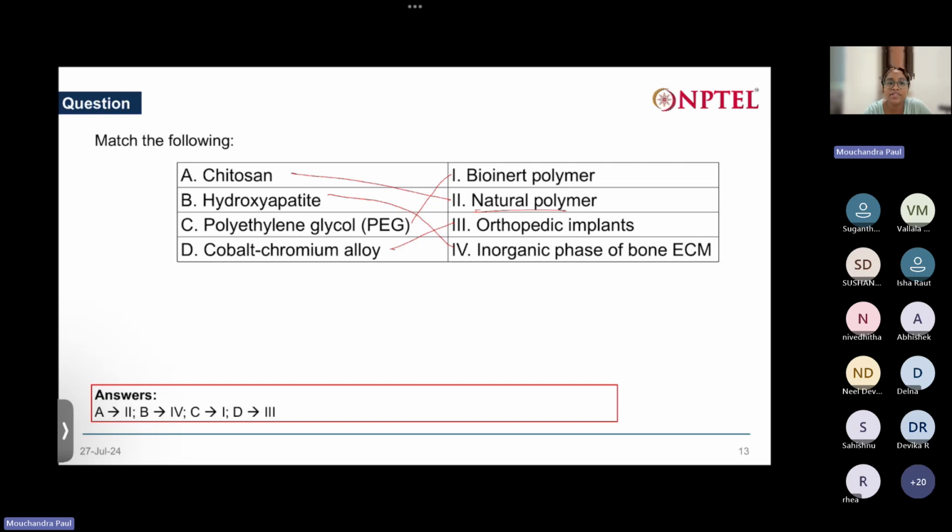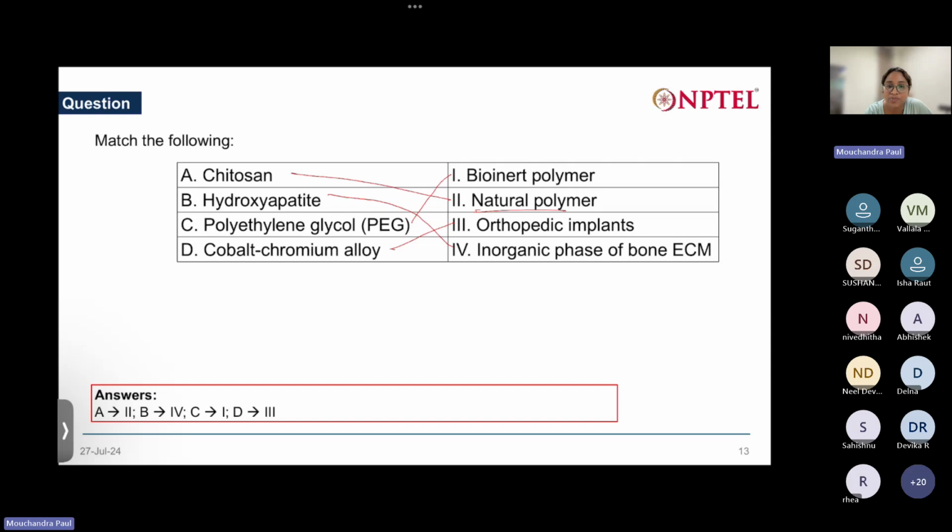Not bone growth, it means cells cannot interact with that particular material. If you have this material inside your body, the immune cells will not be able to recognize it. That is called bio-inert, or a biological response won't be visible to this material.